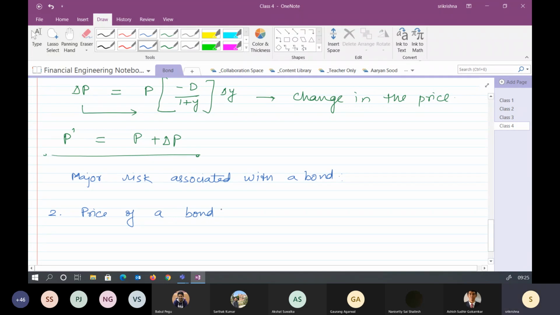Instead of writing interest rate, let's write it as y, it implies the same thing. And the other is that cash may not be paid, which is the default risk. In very simple terms, if default has occurred, the cash may not be paid. These are the two risks we are looking at from the expression.